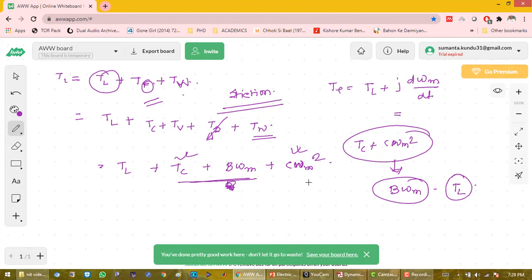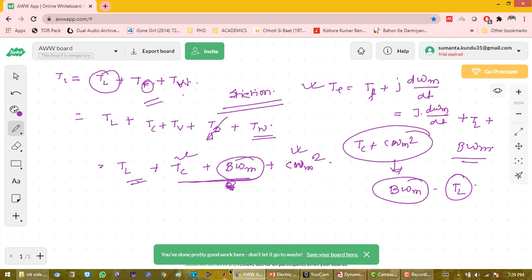So this J d(omega m)/dt term will remain, and in place of TL we will put this small tl, which is capital TL plus B omega m. So this is my final torque equation.